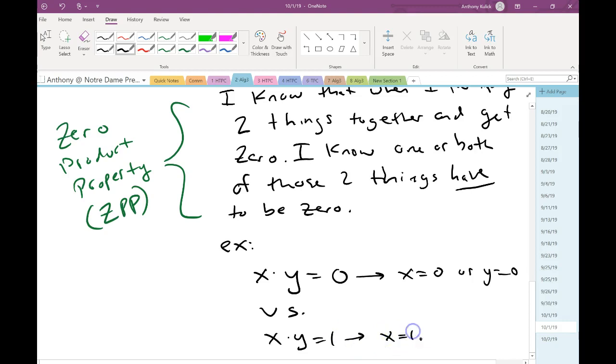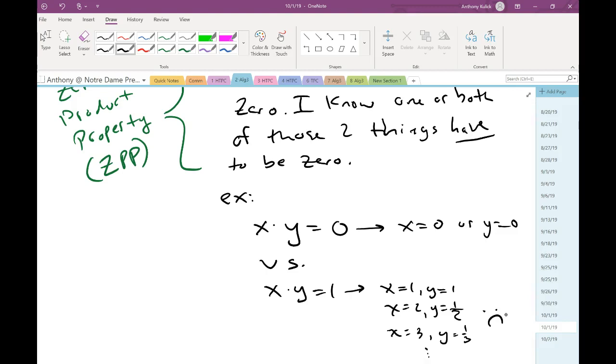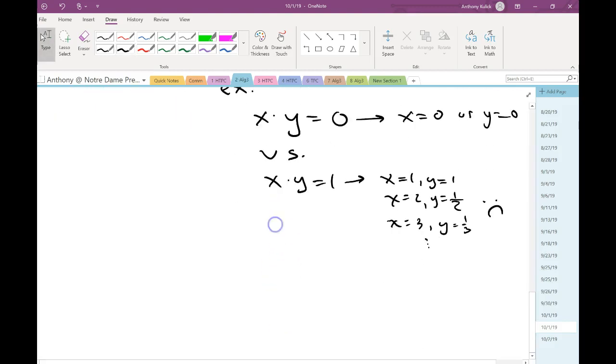Well, x could be 1, y could be 1, but x could be 2 and y could be a half. Or x could be 3 and y could be a third. And this would go on over and over again. That doesn't really work for me. Everybody okay with that idea?